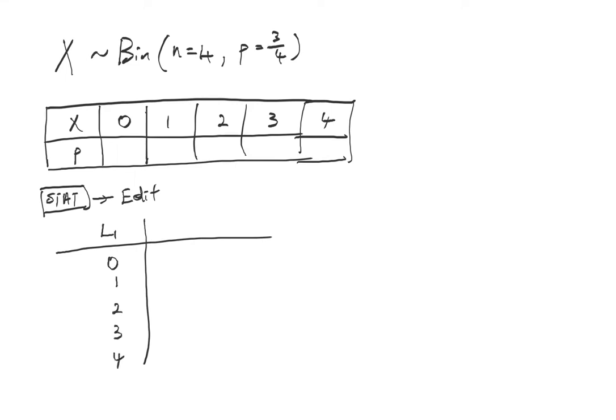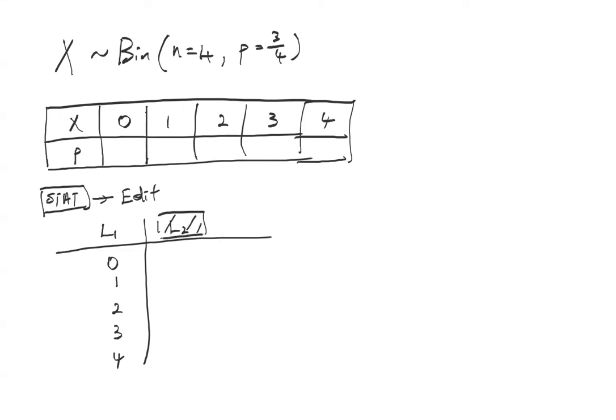Done? Okay, now bring your cursor to L2. Bring your cursor to L2. That means your L2 must be blank and the bottom of L2 must be nothing. You must clear everything. Bring your cursor to L2 already.